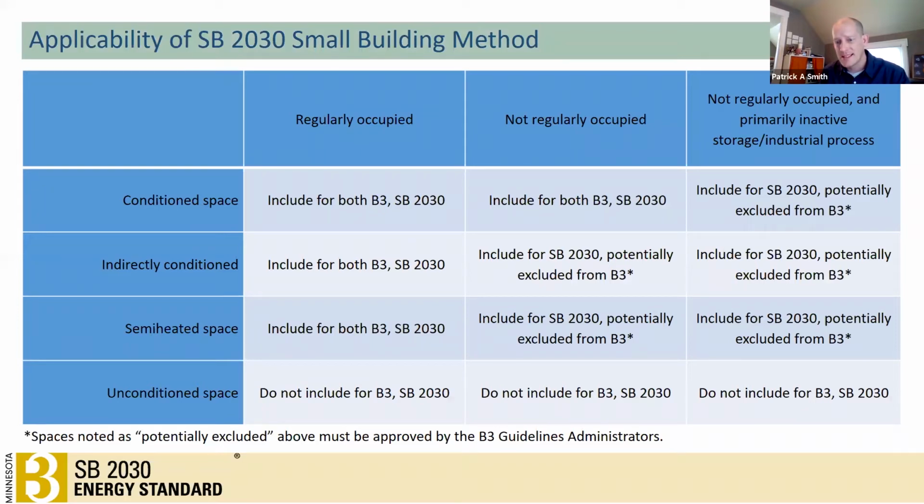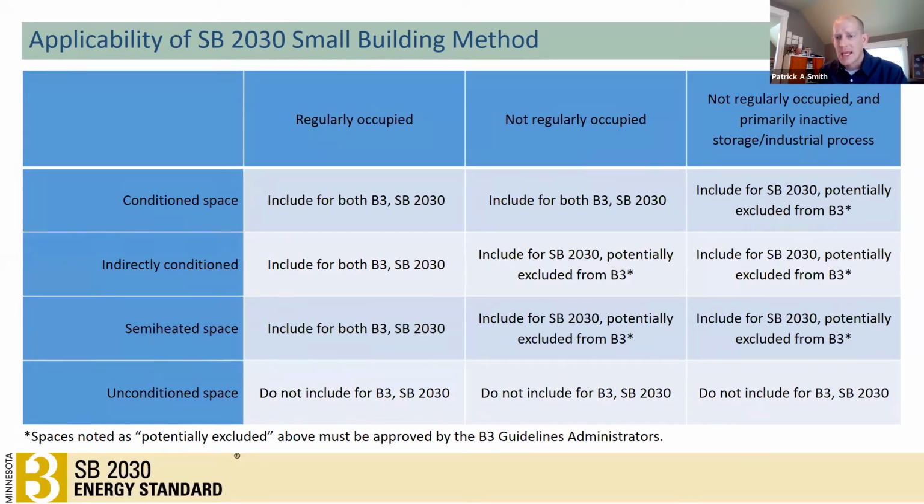Note that there is some distinction with these two parallel programs around which space contributes to this 20,000 square foot cutoff. We look at generally a broader amount of square footage under the SB 2030 program than we do under the B3 guidelines program.